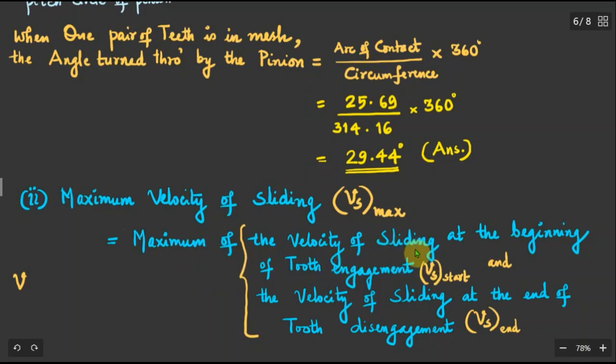One is the velocity of sliding at the beginning of tooth engagement, Vs start, or the velocity of sliding at the end of tooth engagement, or at the time of tooth disengagement, so you can write Vs end. The maximum sliding velocity may occur at either of these.